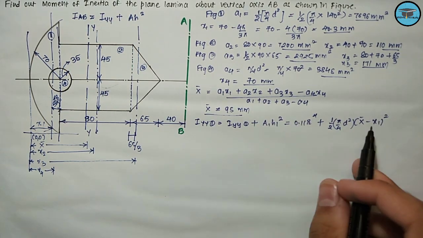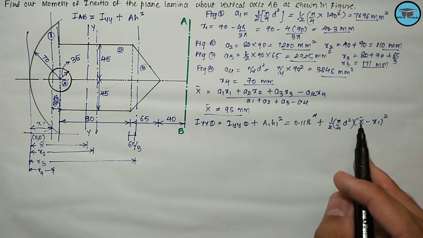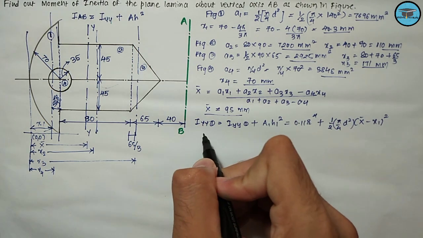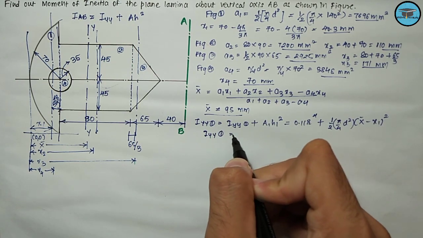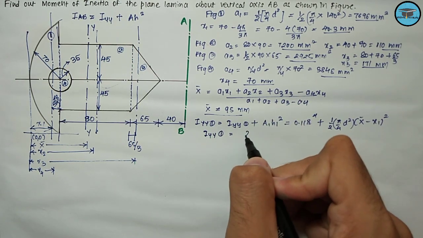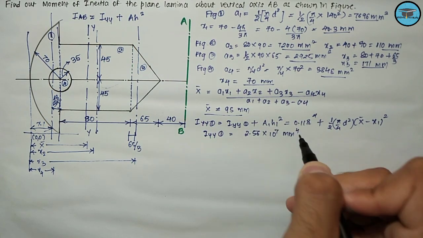Okay, we know all the values. We know the value of r, the value of a1, the value of x bar and x1 too. So we will get the moment of inertia of plane figure 1 about the y axis as somewhat 2.56 into 10 raised to 7 mm raised to 4.